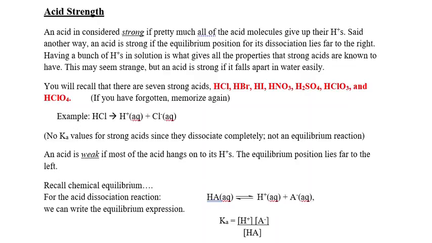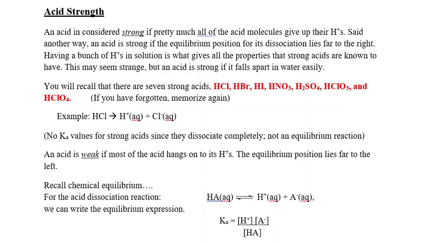It gives up all of its hydronium ions to the water solution. If you have a bunch of hydronium ions in solution, that makes it a strong acid. And so a strong acid is strong if, in a sense, it falls apart really easily. In other words, it donates that proton very easily.